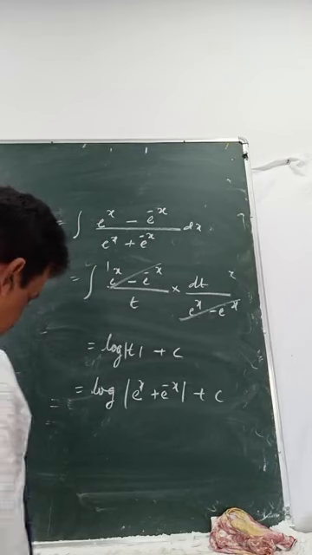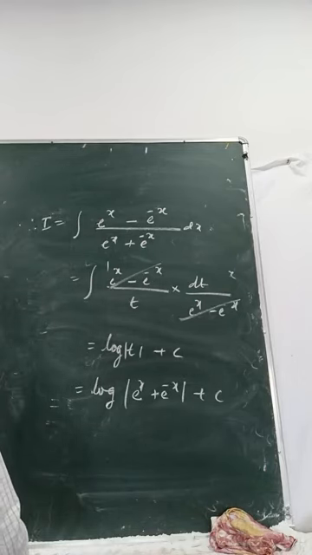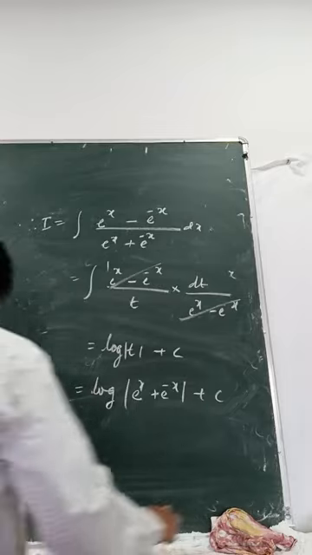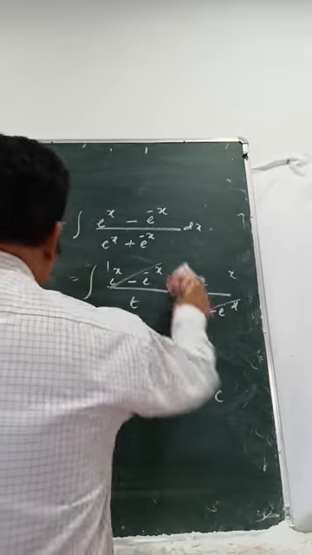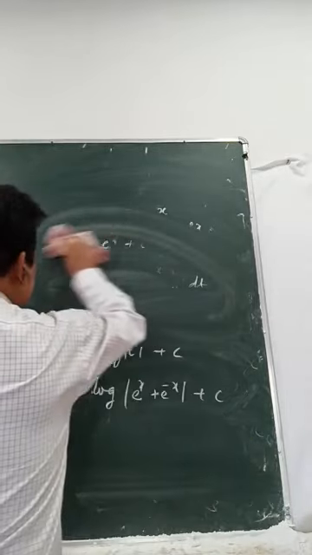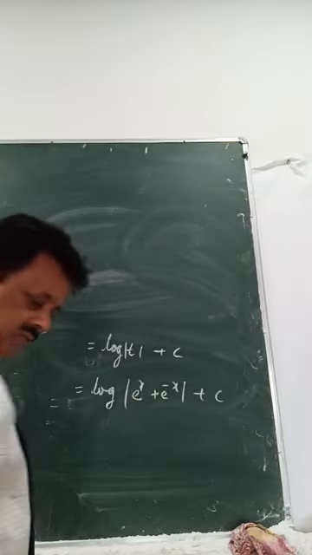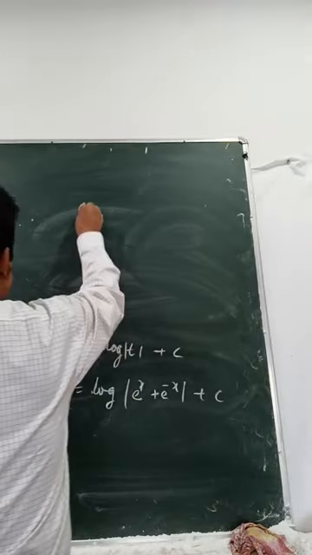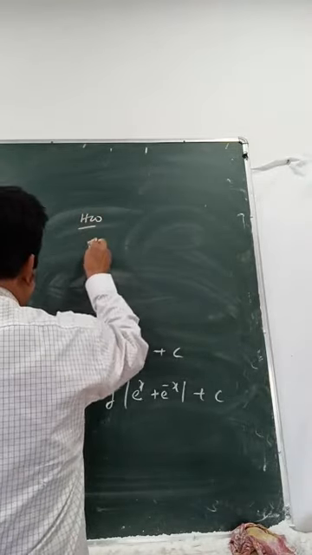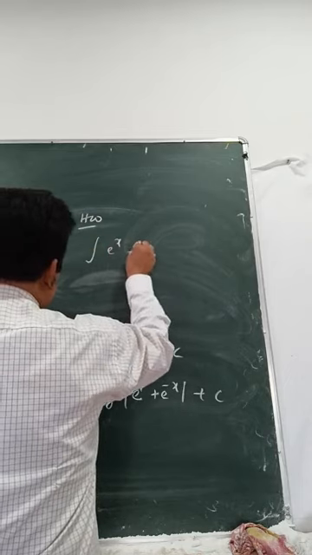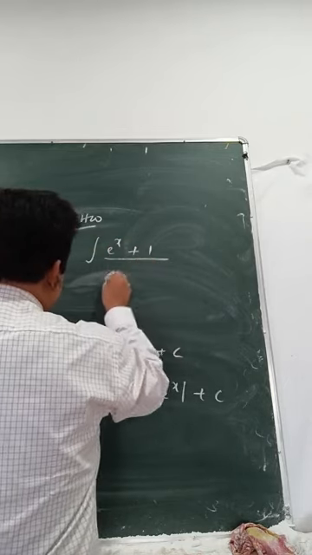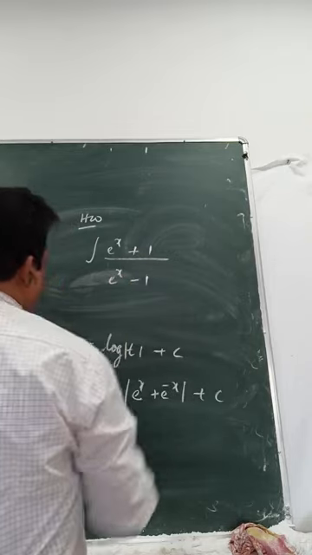Okay. Suppose I continue with some more important questions. Like this, you can have one more question. I am giving a homework, you will try: e to the power x plus 1 by e to the power x minus 1.